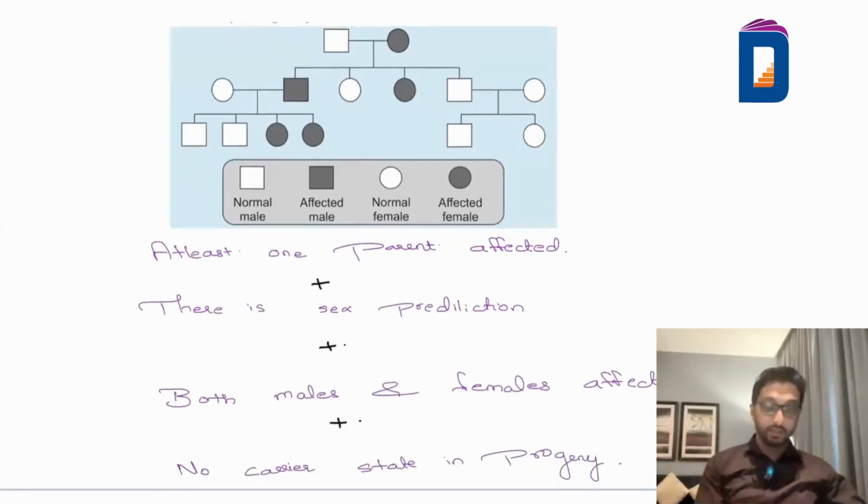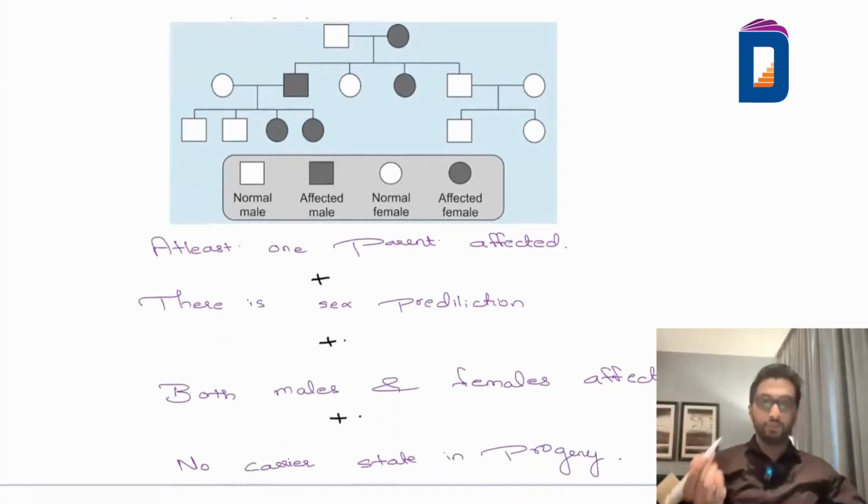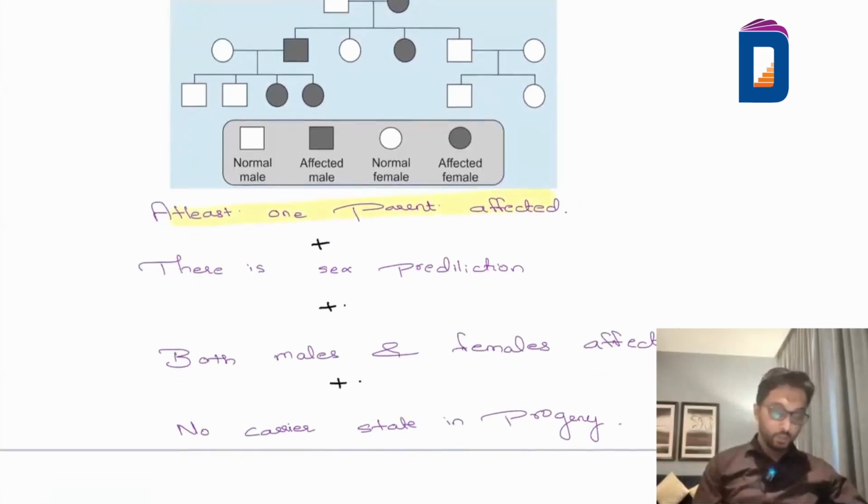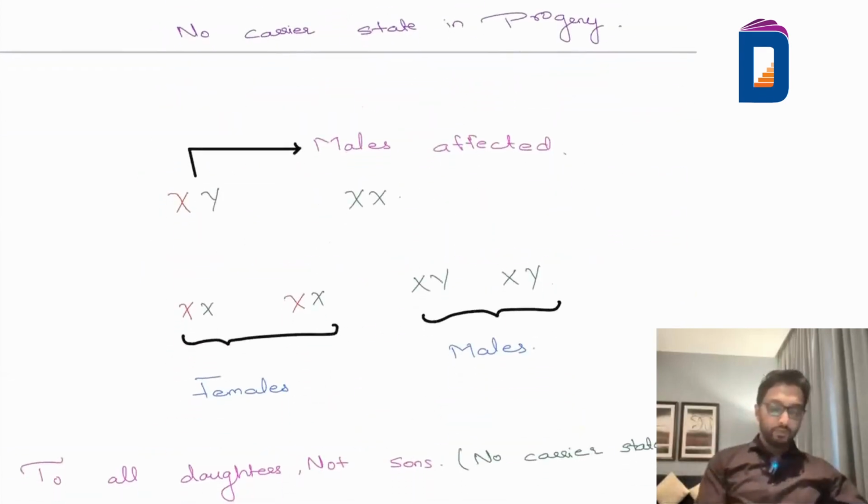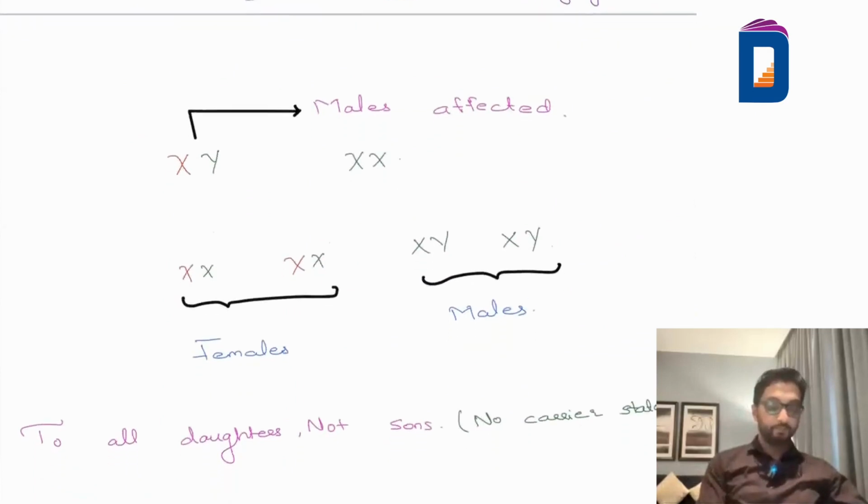Another detail to keep in mind: if at least one parent is affected, it's dominant. No carrier state in progeny, again it's dominant. But more importantly, is it X-linked? You have to check. Do I need to show you the analysis? I'll show you, no problem.